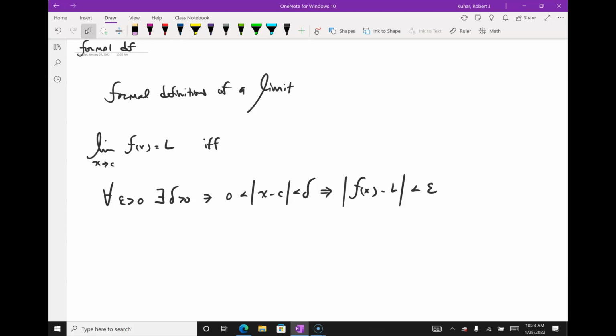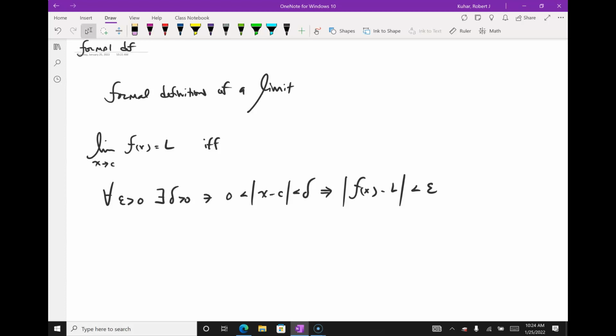For every epsilon greater than 0, every positive number, no matter how small I make it, there exists another positive number that I have to find. There exists. This one says every.